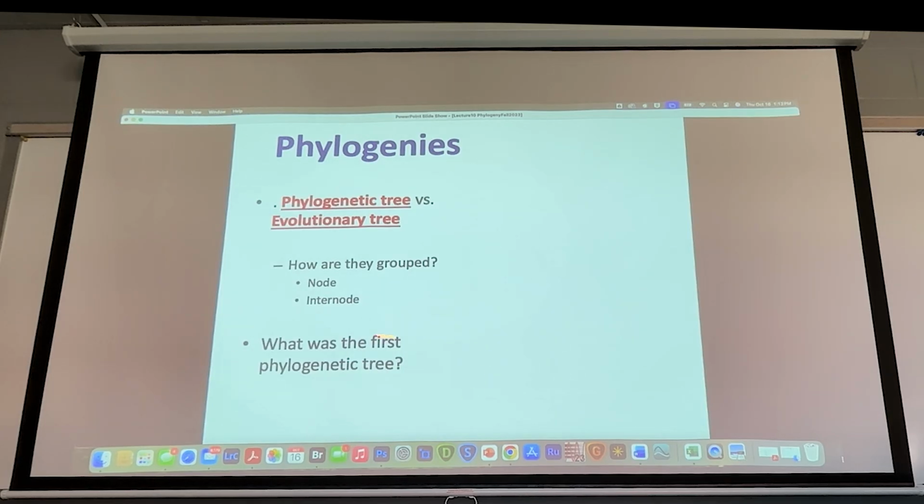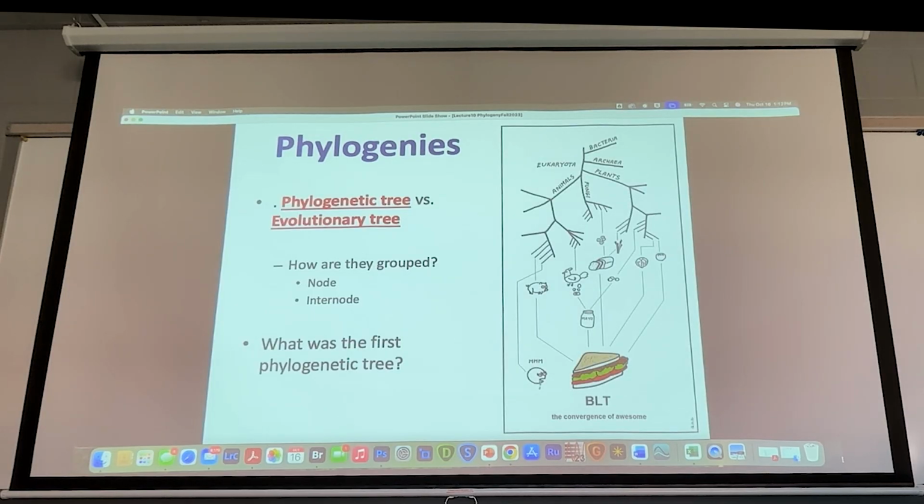Who built the first phylogenetic tree? He traveled on the Beagle. The first tree is from 1859. You already forgot all that stuff, huh? Darwin was the first to actually publish a tree.